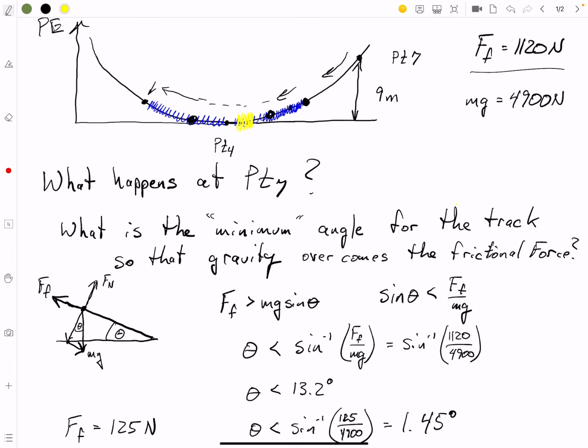In this region is where you would stop, somewhere in that region, from there to there, if the frictional force was 125.